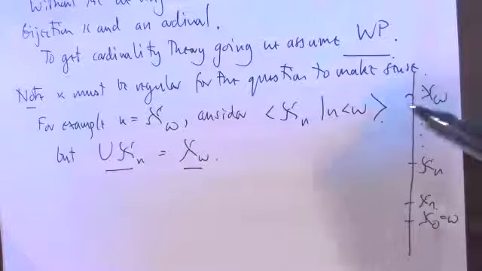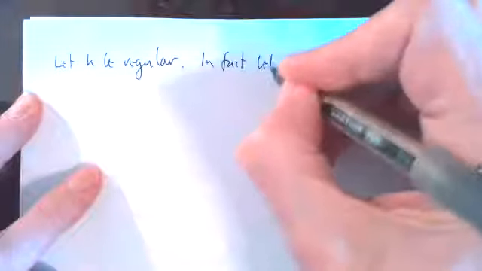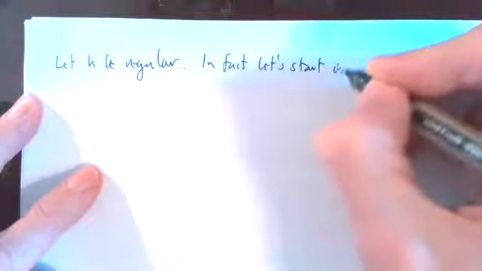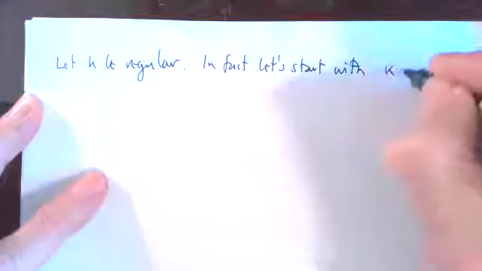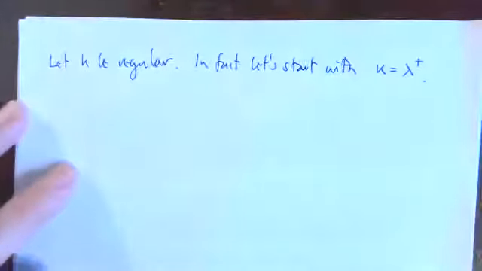Now, but when kappa is regular, it's a different question. So let kappa be regular. In fact, it's easiest, or perhaps clearer, to start with kappa being a successor cardinal. So kappa is lambda plus.